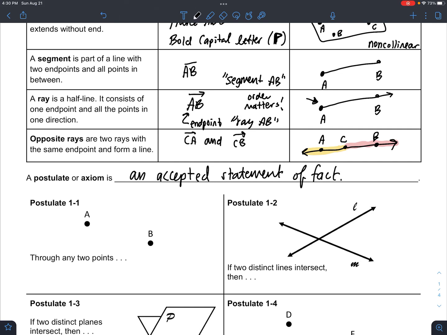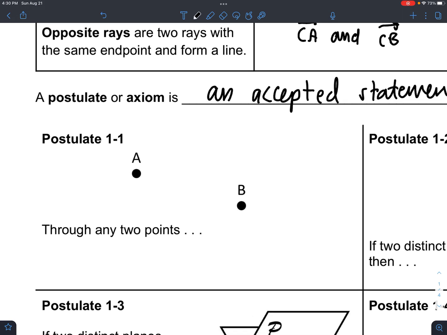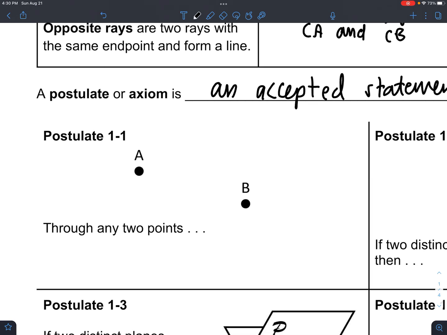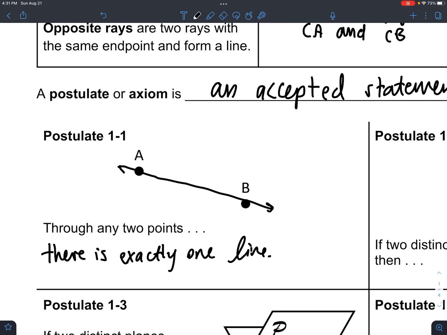Okay, so one of the postulates for this unit is that through any 2 points, there's exactly one line. And it's this line, right? Lines are straight. So there's only one way to draw that.